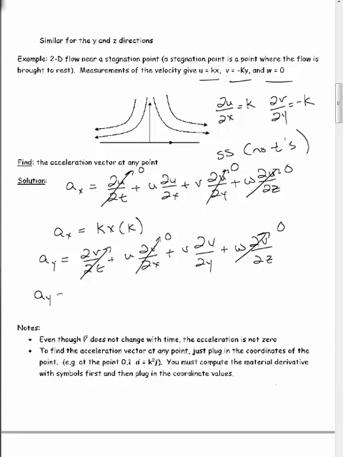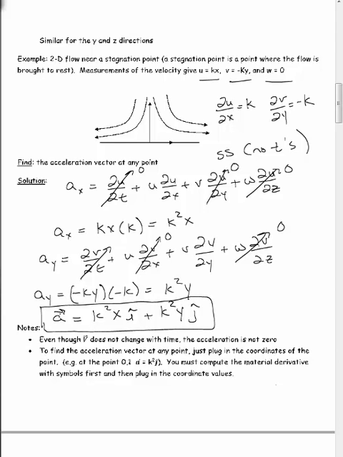Our ay then is just going to be left with k, which is minus ky, times dv dy, well, that was minus k, which equals k squared y. By the way, up here the ax was k squared x. So that means our acceleration vector is k squared x i plus k squared y j. That's our answer.